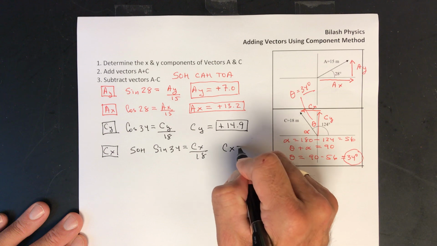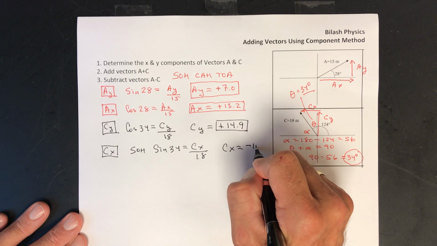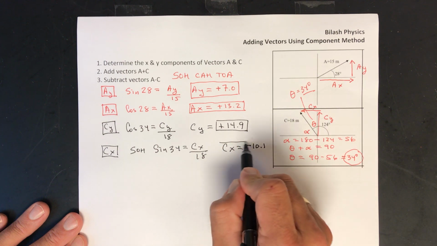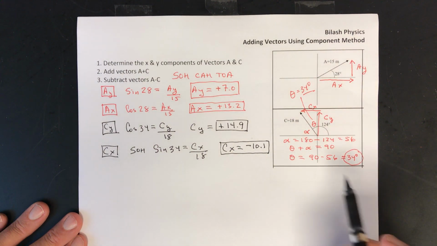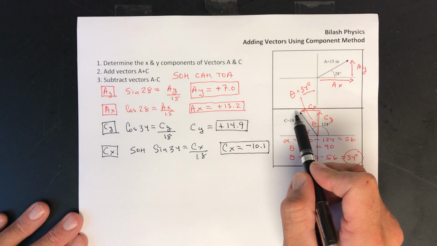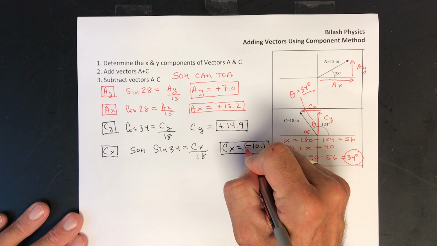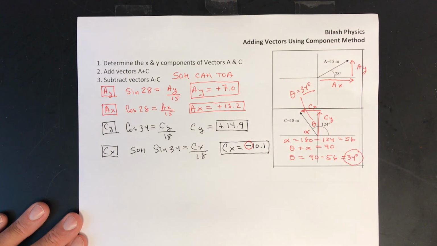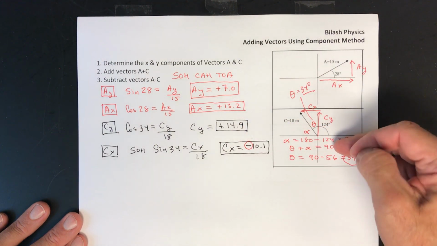So CX is going to be equal to negative 10.1. When I do the calculation, the calculator says positive, but I know that this vector is moving in the negative direction, so I need to add this negative in here. Don't forget that. So these are the components of these two vectors.